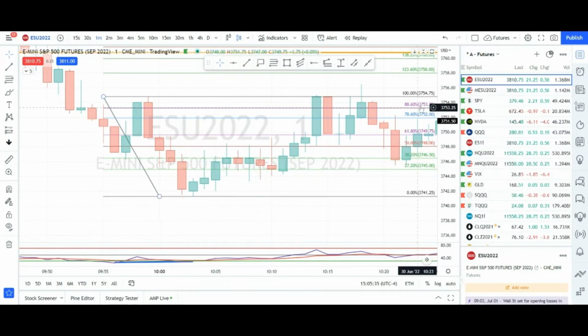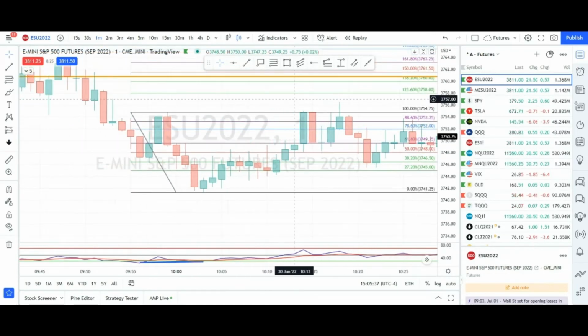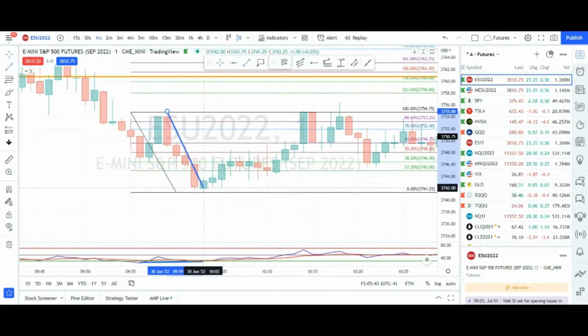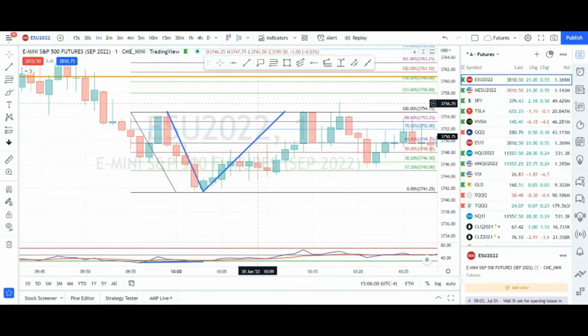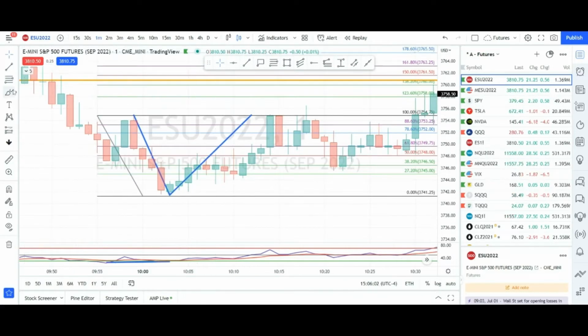Just practice over the plain charts without any indicator. If you see here, the price came down from this level to this level, then it went back above. Means first level is this, okay, but the maximum it came back again almost to the same level.